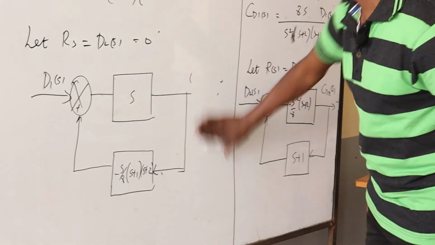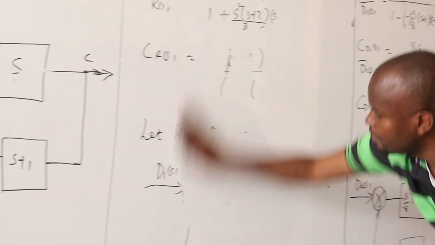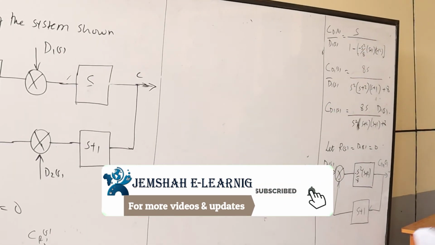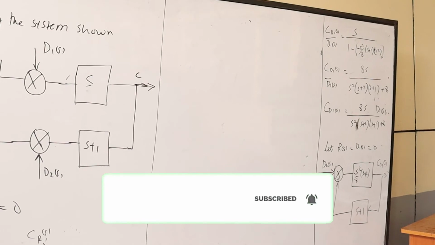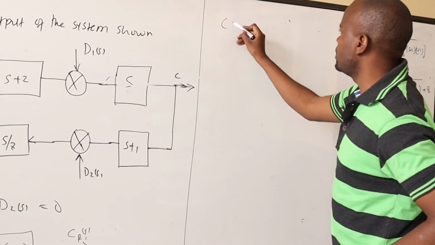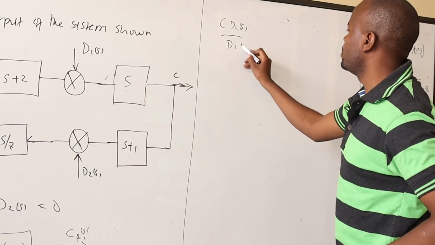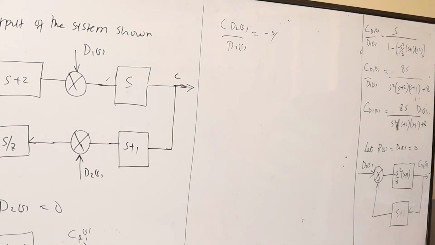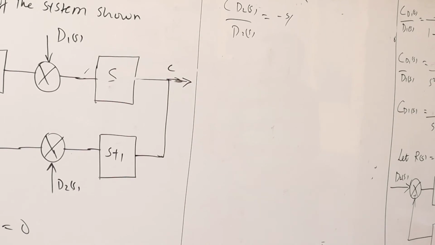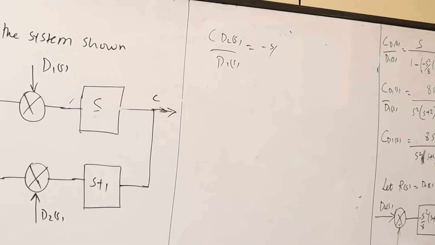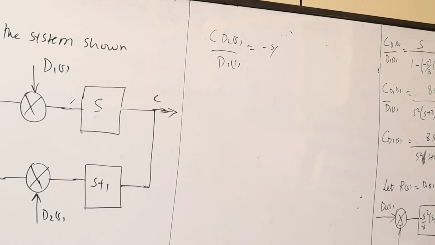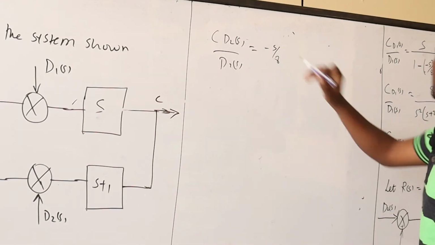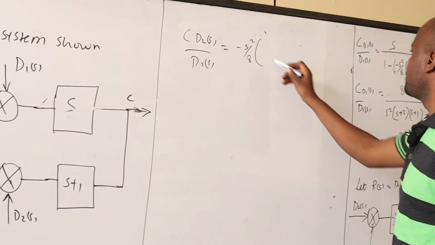then of course we are going to have C D2 of s all over D2 of s will be given by G. Our G is going to be minus s all over 8 minus s squared, then we have s plus 2.